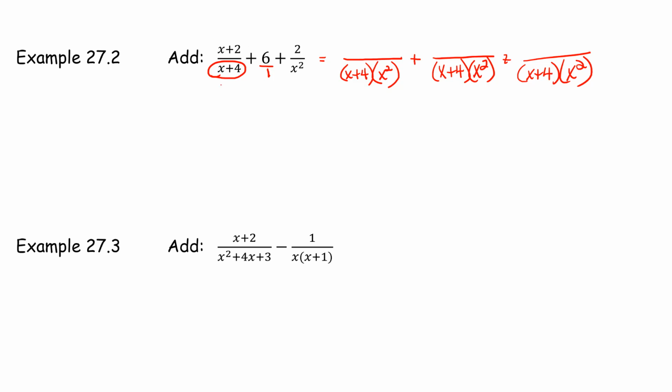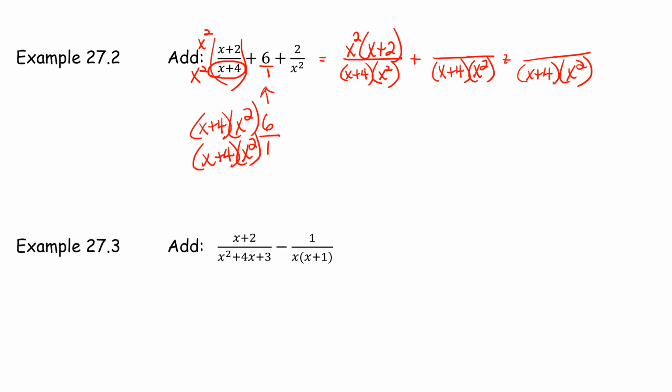Okay, so the first fraction, we already have the x plus 4. So we just need to multiply the top and the bottom of this fraction by x squared in order to have the right denominator. The top, we will have x squared times x plus 2. The second fraction doesn't have either of the factors. It doesn't have x squared, it doesn't have x plus 4 in the denominator, so we're going to have to multiply the top and the bottom of that fraction by x plus 4 times x squared to get that denominator.